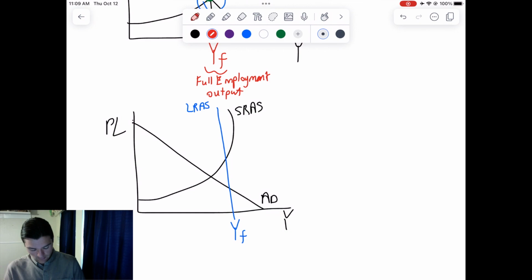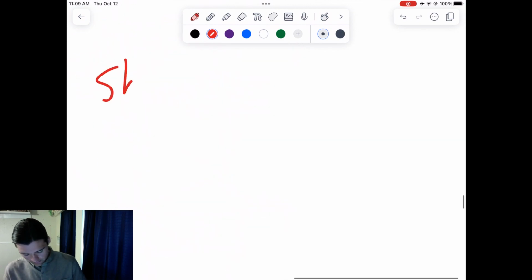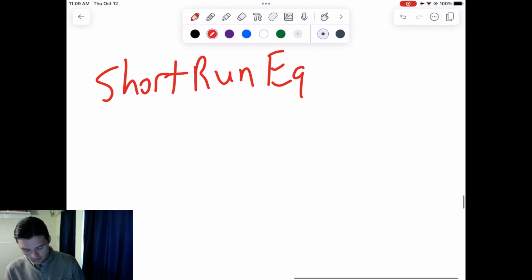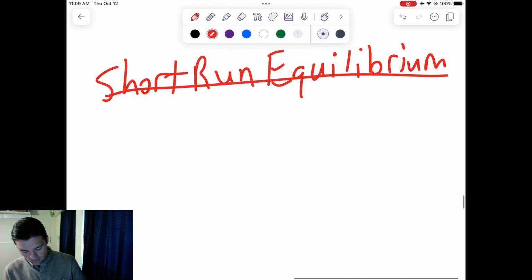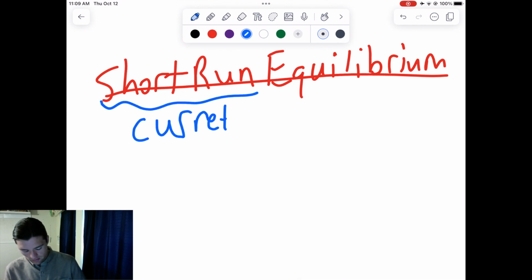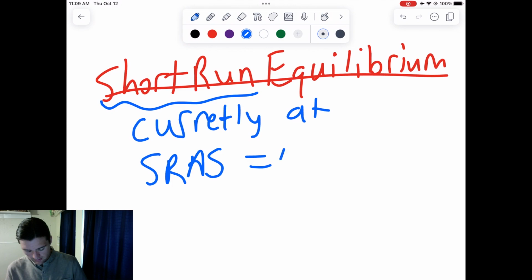Now, your short run equilibrium is where you are today, or where you currently are. So you are currently at wherever the short run aggregate supply curve is equal to the aggregate demand.